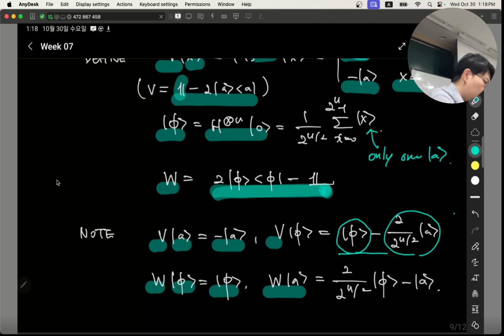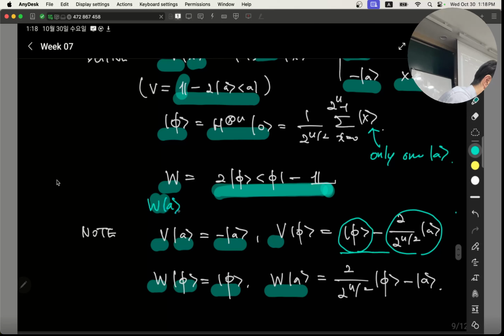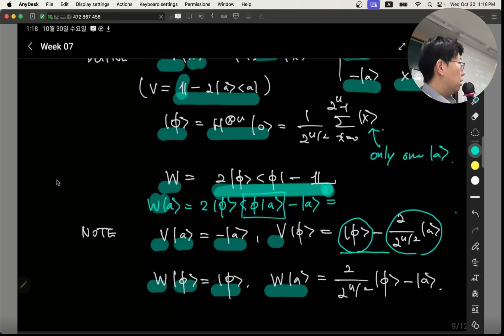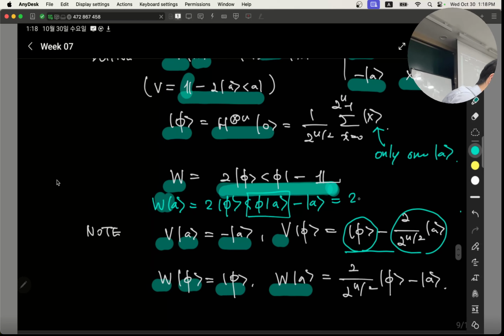So here, your W on A is the same as 2V, A minus A. So what is this? It means that you only get the A base state, right? 2V times 2 to the n over 2, 1 minus A, right?